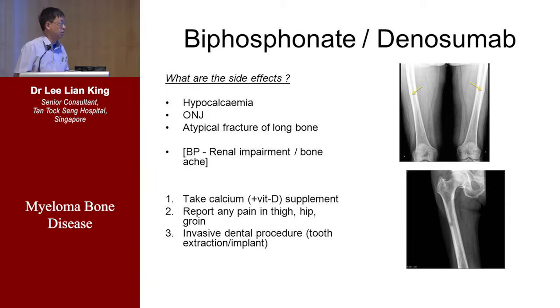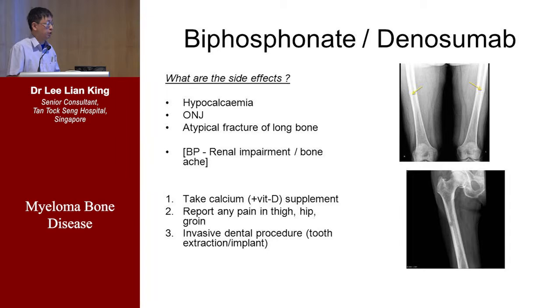The jawbone becomes dead. It typically occurs if the patient is on treatment and goes for a dental extraction or a procedure involving the bone. The bone surrounding the traumatized area becomes dead, and it gets larger and larger.